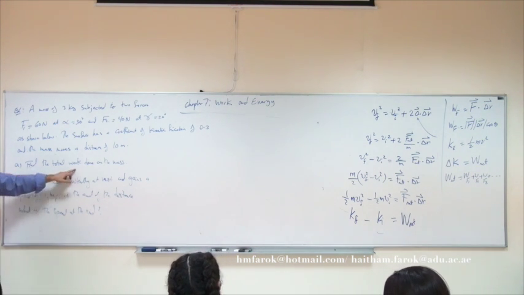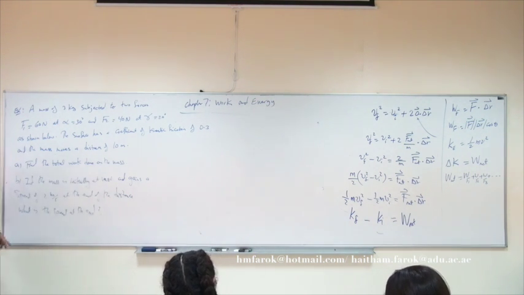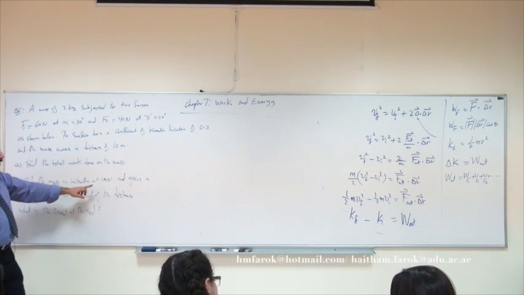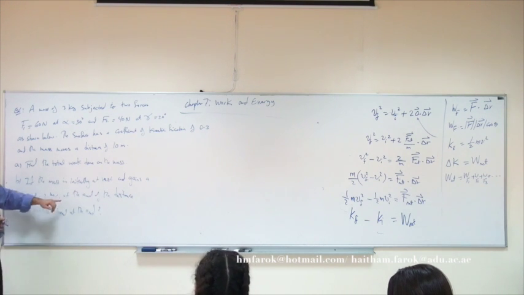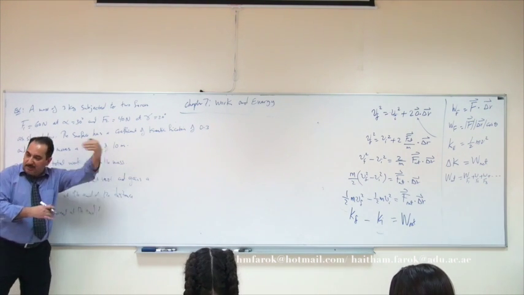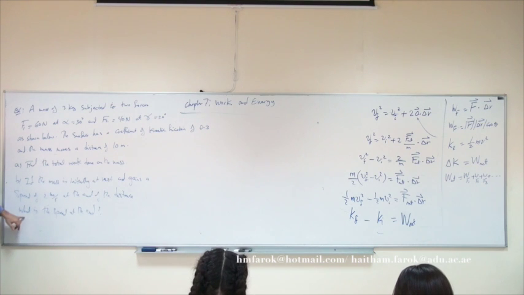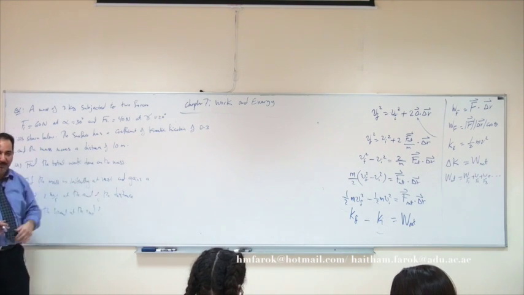So find the total work done on the mass, part A. Part B, if the mass is initially at rest and gains a speed of 2 meters per second at the end of the distance, when it moves to the end, what is the speed at that end?